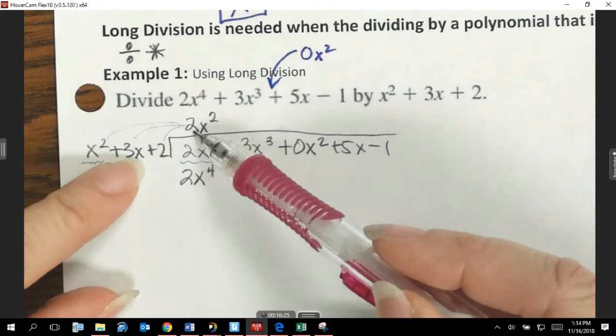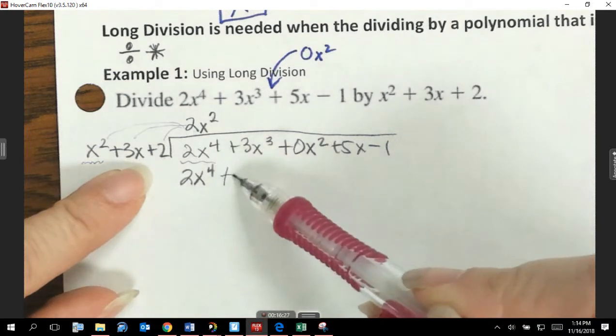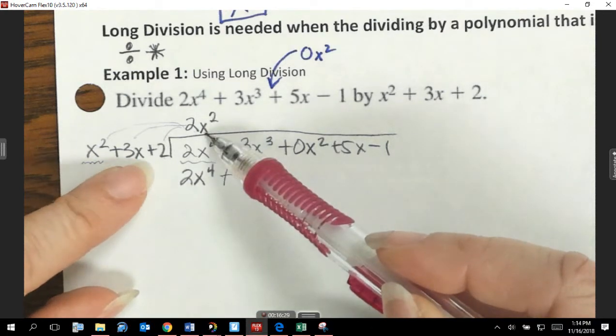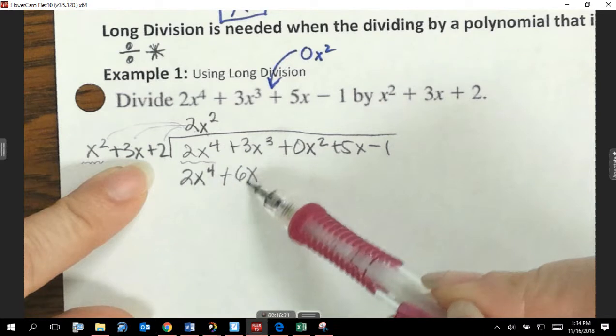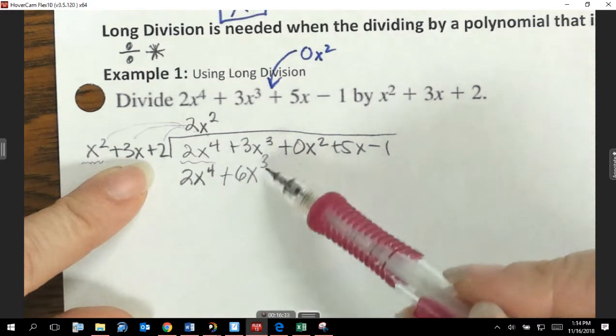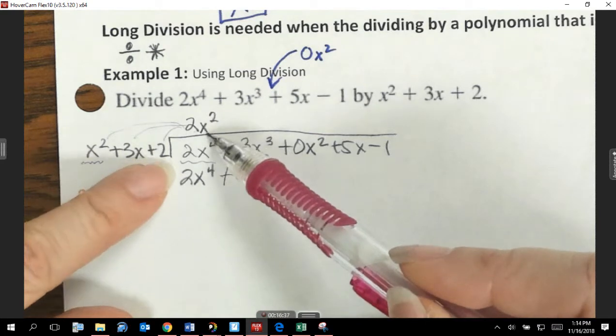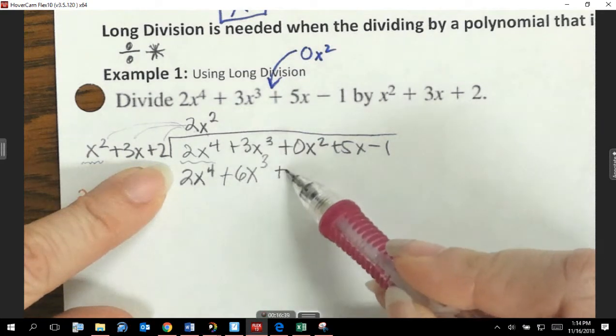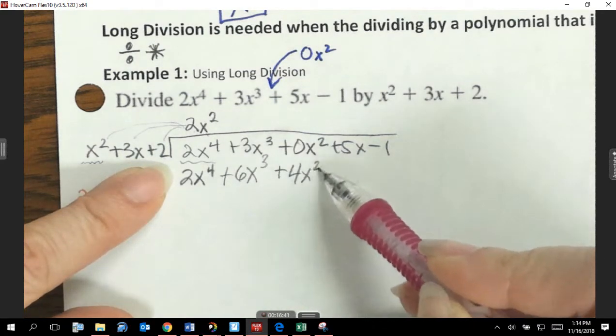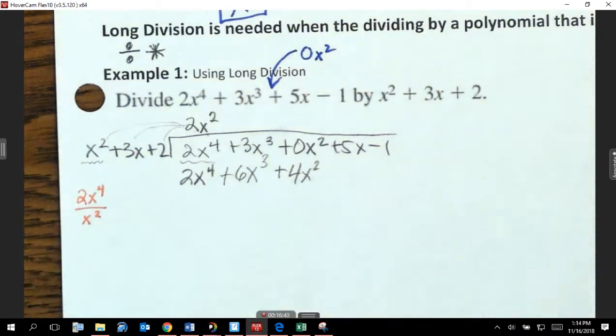So 2 and 3 is 6. x squared times another x is x to the third. You see how it matches the exponent right above? Then 2x squared times 2, so that's 4x squared. If you've done everything correct so far, it should match your exponents right above it.